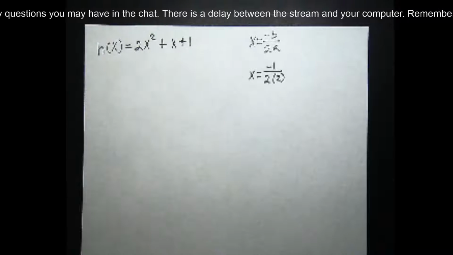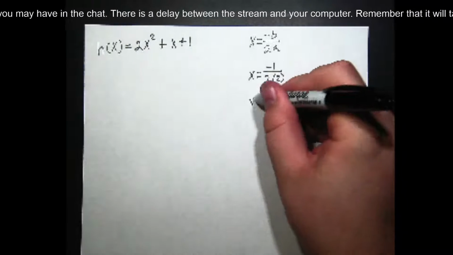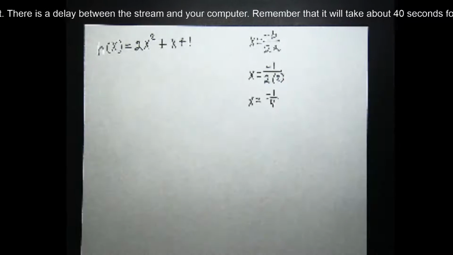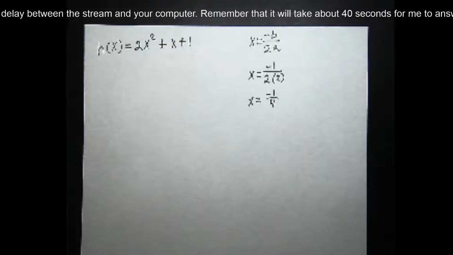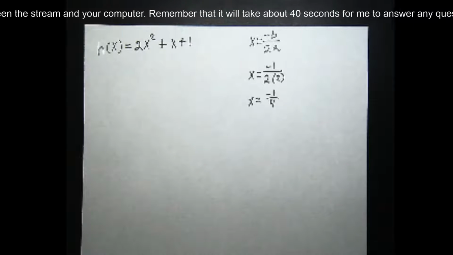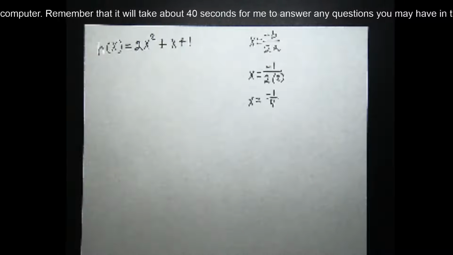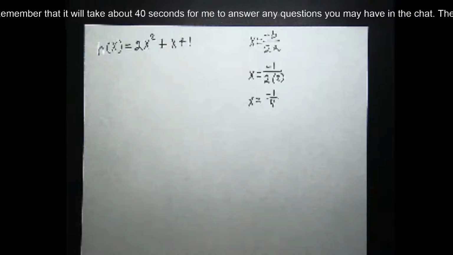All right, so doing the math here, we get x equals negative 1/4. That's fine. Our coordinates do not have to be integers. They can be fractions. They can be all sorts of things.